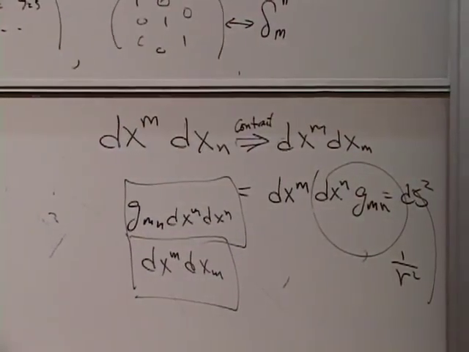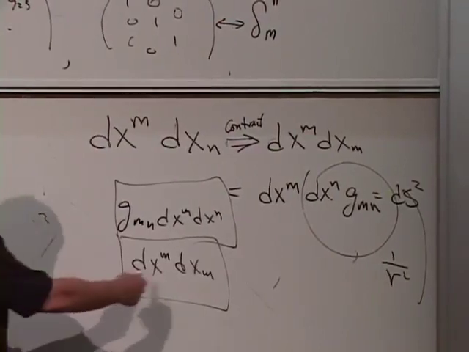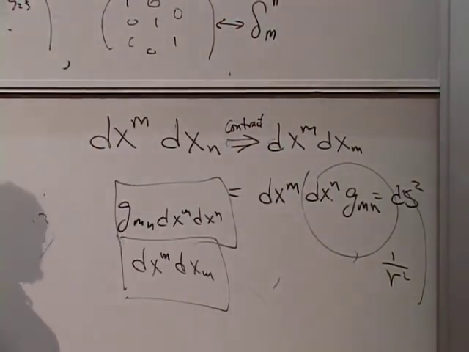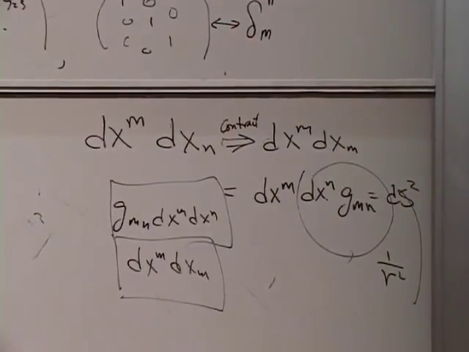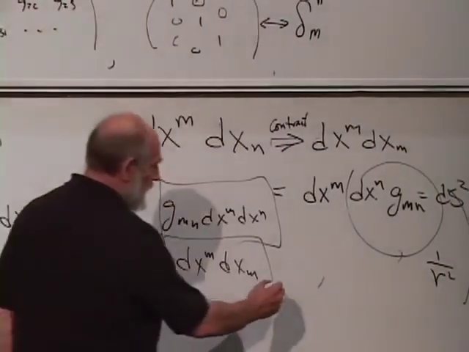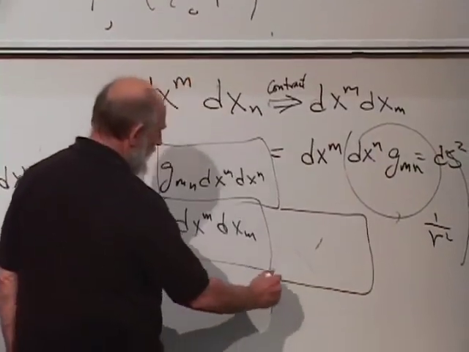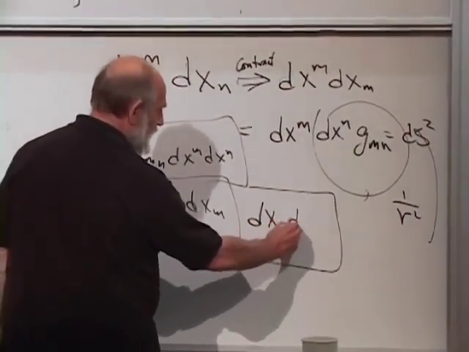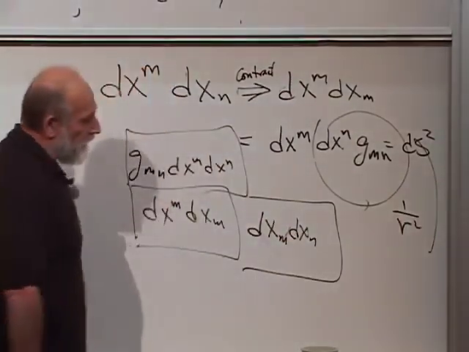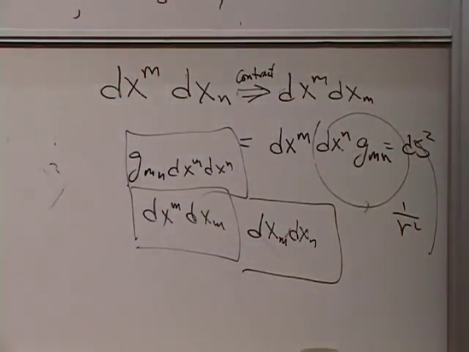Okay, so there's two distinct ways. In fact, there's another way that you could write the metric. A third way is to write two lower indices, dx_m dx_n, and what would I have to multiply it by?